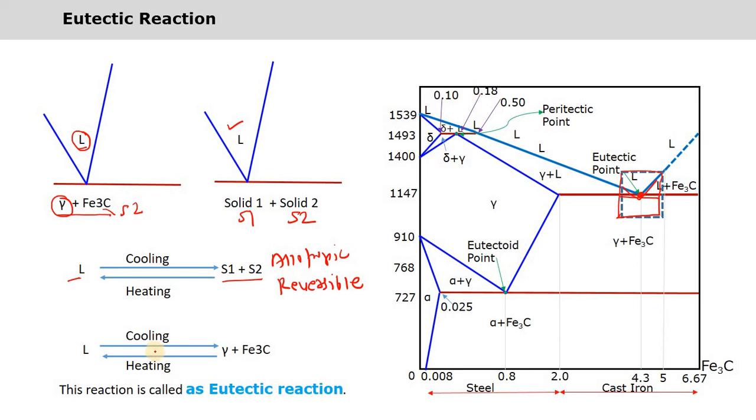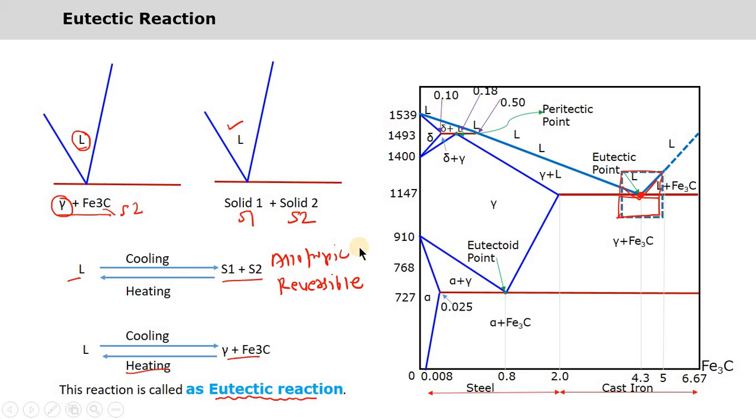Or we can write it as liquid is transformed during cooling to gamma plus Fe3C, and as iron is an allotropic material, the change will be reversible. So gamma plus Fe3C will be transformed to liquid during heating. This reaction is called the eutectic reaction. Getting it?